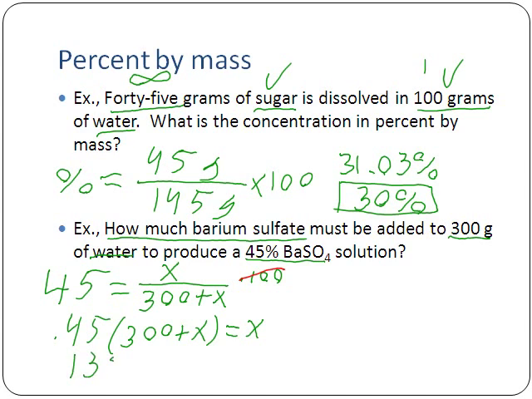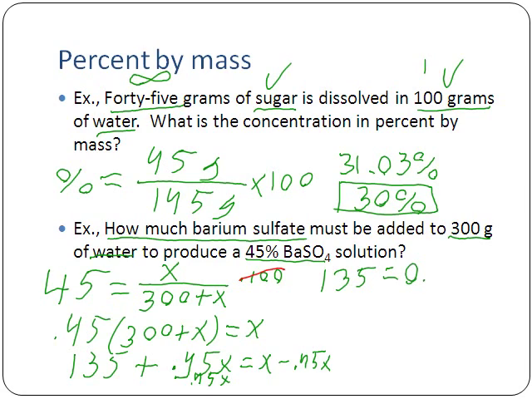So we get 135 plus 0.45x equals x. And so we want to subtract off 0.45x from both sides. So minus 0.45x. And so when we do that, we get 135 is equal to 0.55x, because x minus 0.45x equals 0.55x.